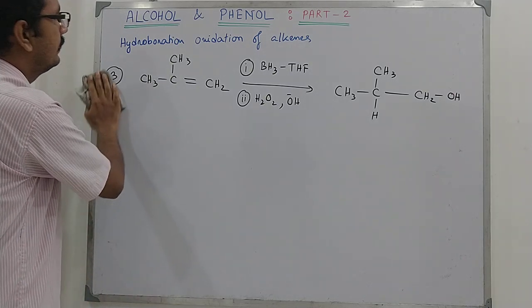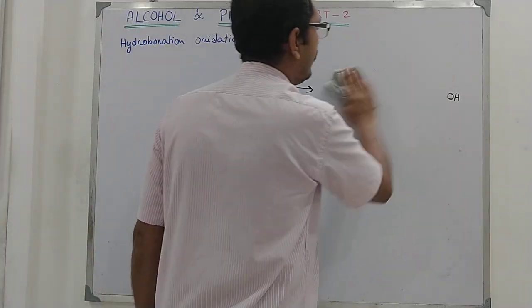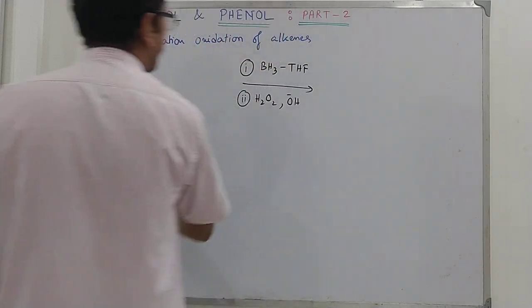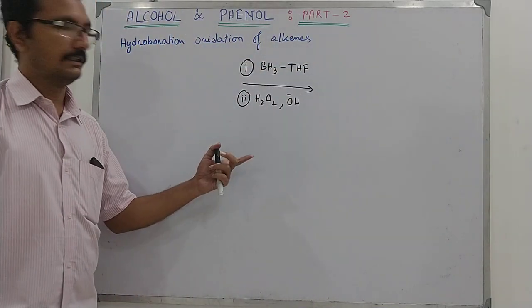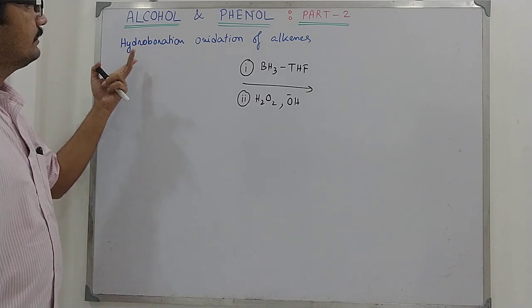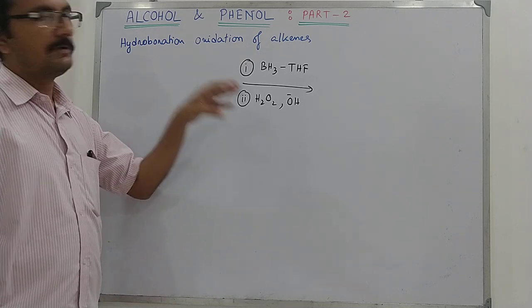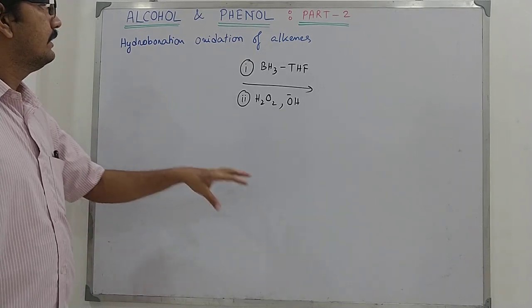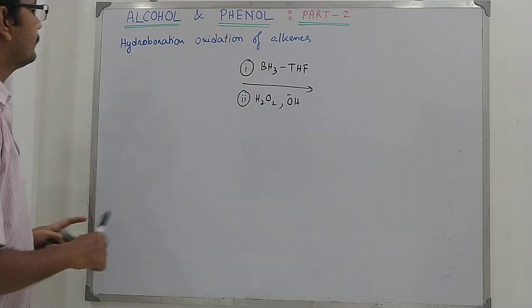Now what this reaction, this hydroboration oxidation of alkenes, gives us is the regioselectivity. So when we try to synthesize alcohol which is more stereospecific, then this reagent is of choice.